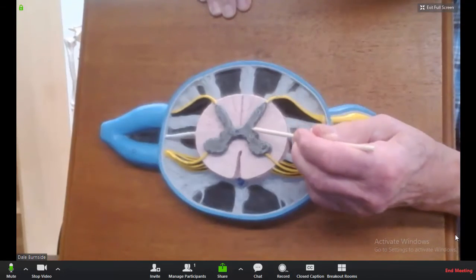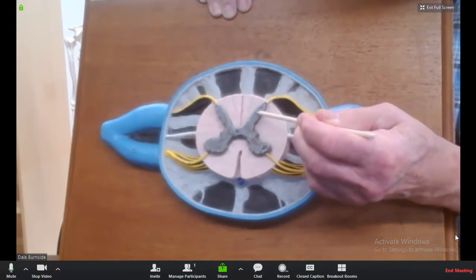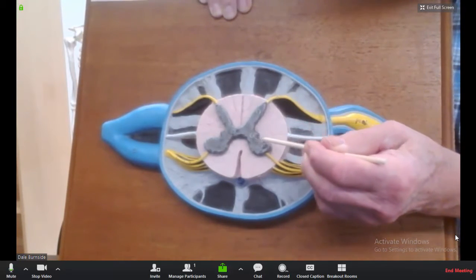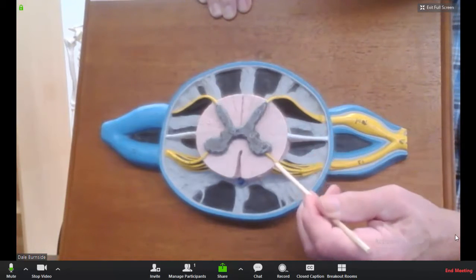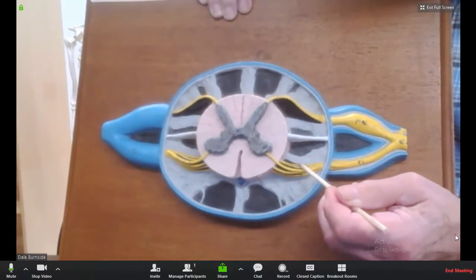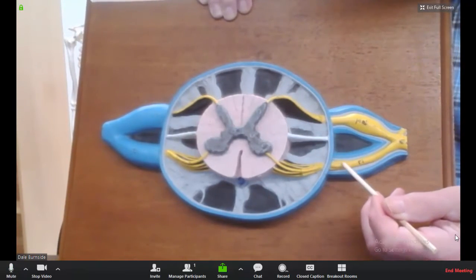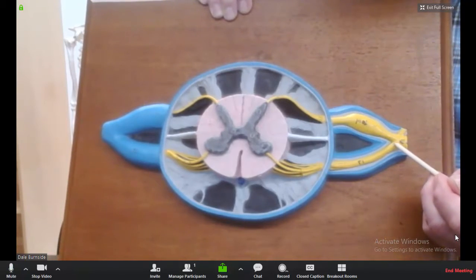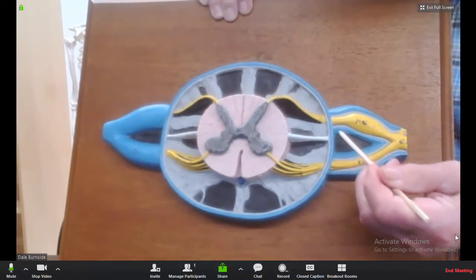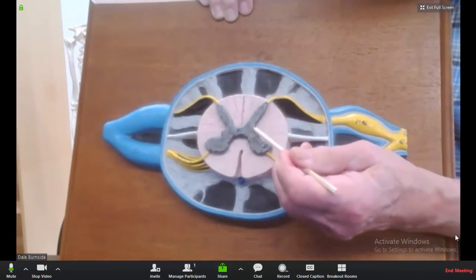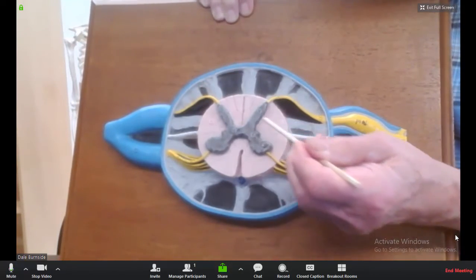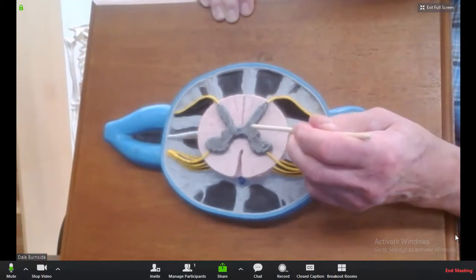In the gray matter are the interneurons, or the association neurons, and then they relay the impulse out the ventral motor root, which comes out here. So you have a dorsal sensory root and a ventral motor root, and in between the two you have association or interneurons. White matter is surrounding gray matter.